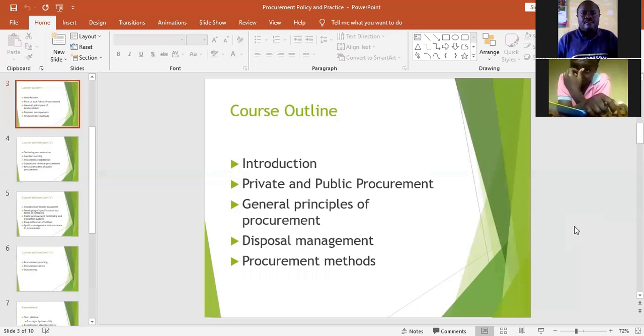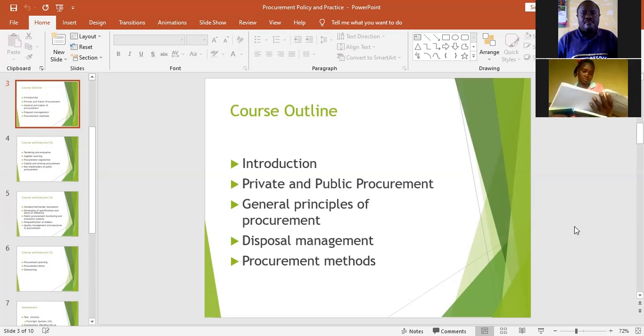So procurement methods, there are different methods that are used in the process of acquiring goods, services, and works. And different organizations use different methods of procurement.